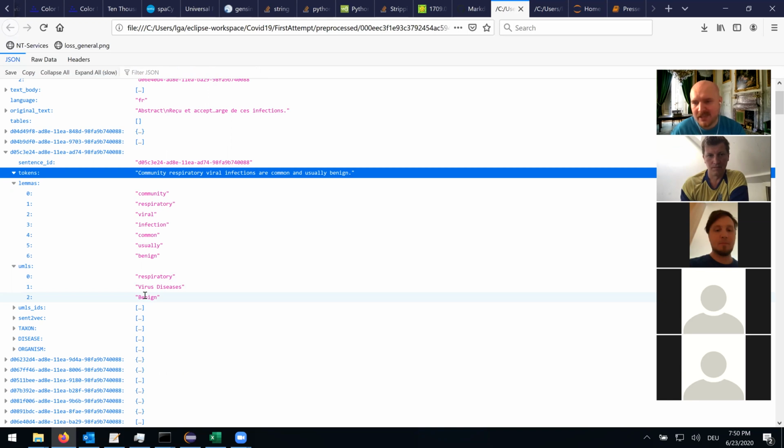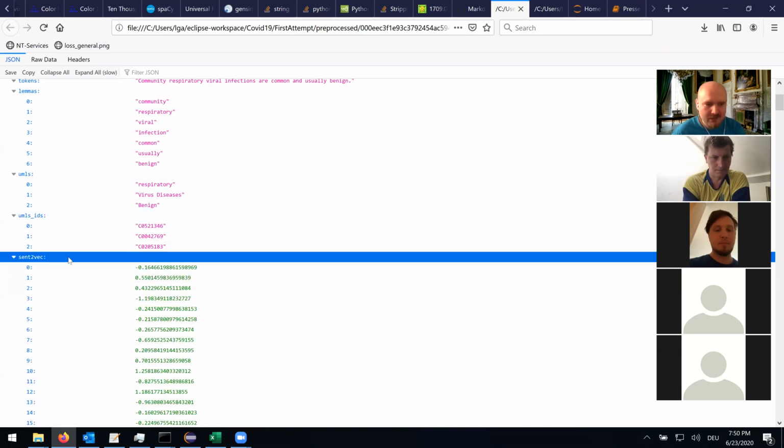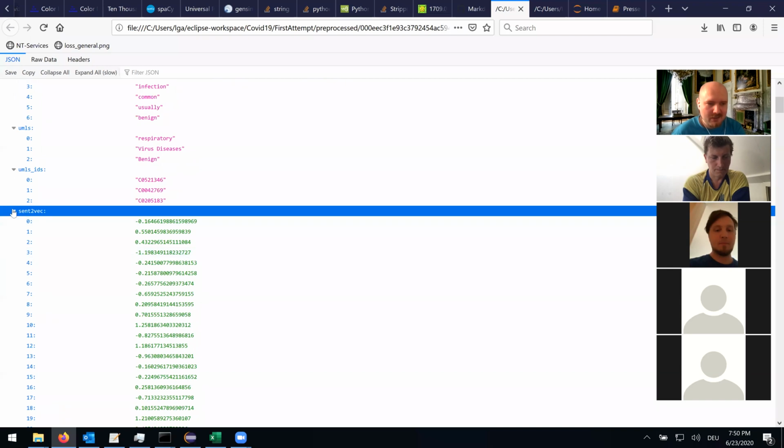So my presumption is that things like sample size are also captured by such a model, since there are terms in UMLS. Yes, UMLS IDs, and then you also have a sentence vector, which is quite obvious.